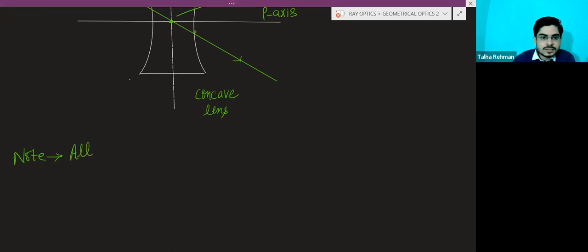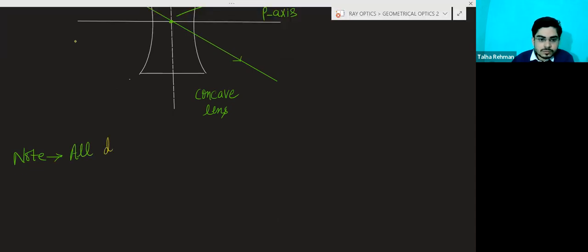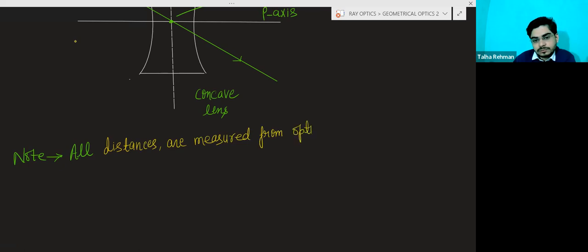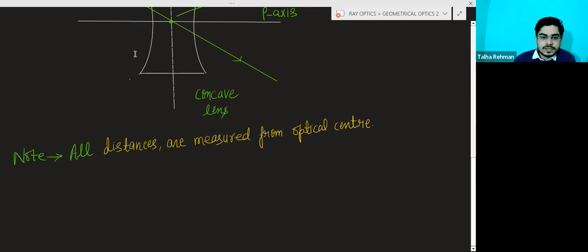So all distances are measured from the optical center.